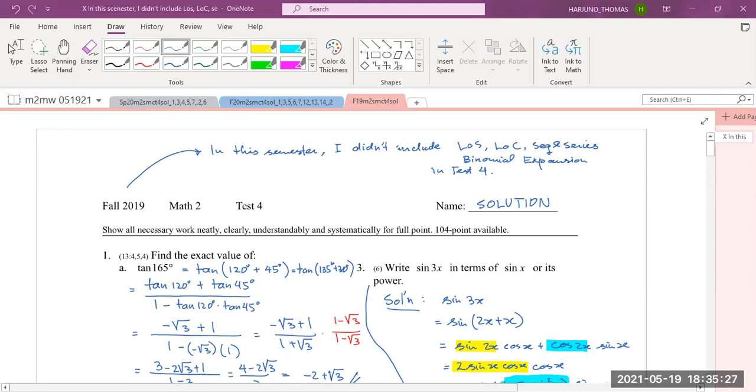Yeah, I have binomial expansion in the final. I really don't know what happened in that semester. Yeah, but in that semester I had these, but I didn't have this even in the final.